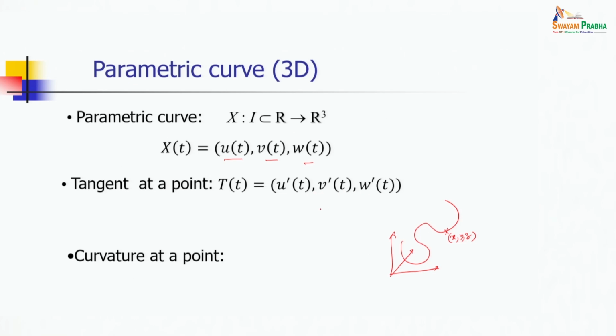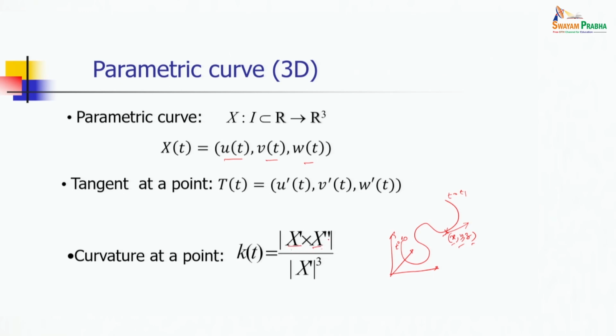That is how we get the tangent vector. If I derive all these coordinate functions with respect to t, then we get the tangent directions.